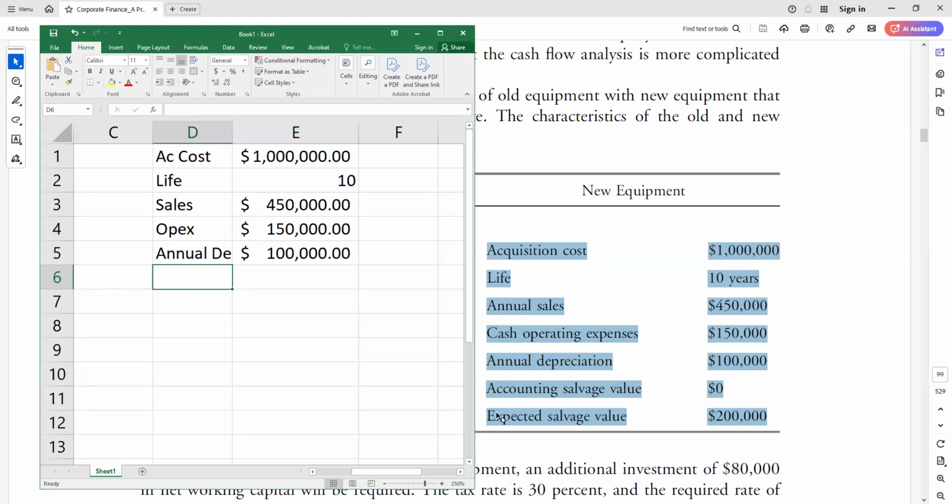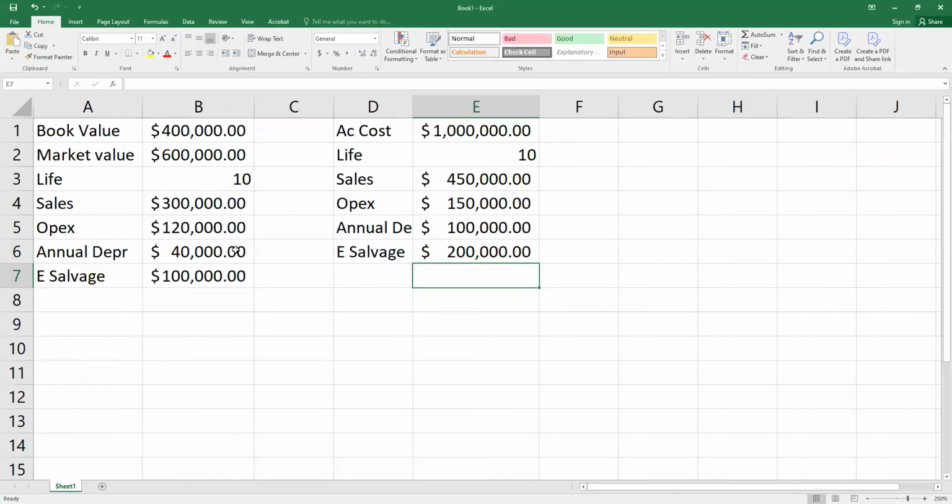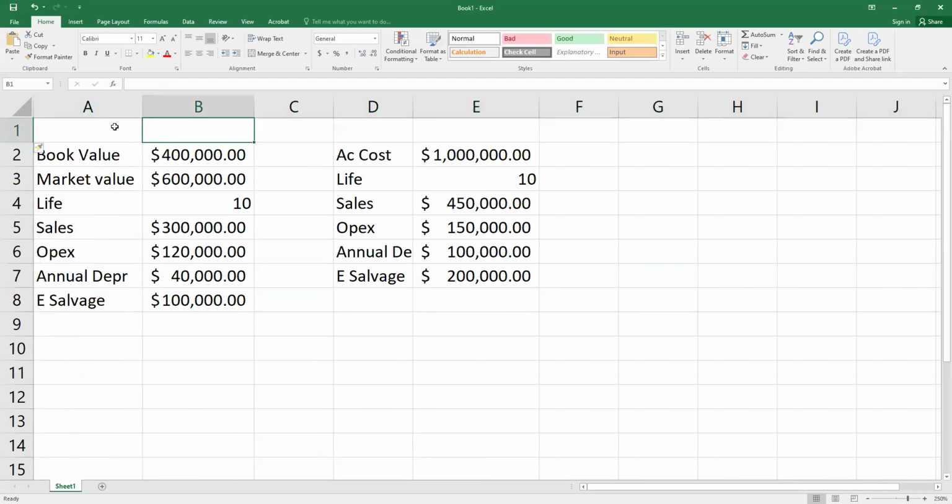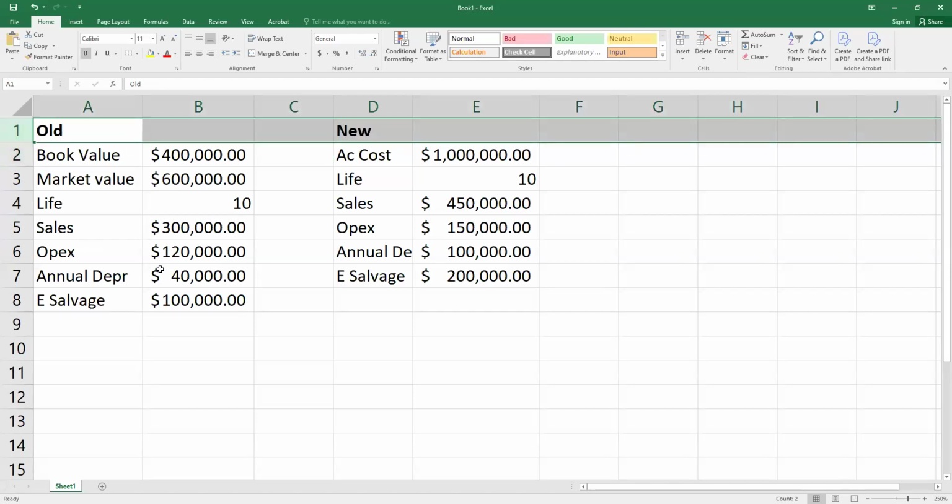And we have expected salvage value, $200,000. Okay. So all this data should be entered. So this is the old equipment, and this is new.